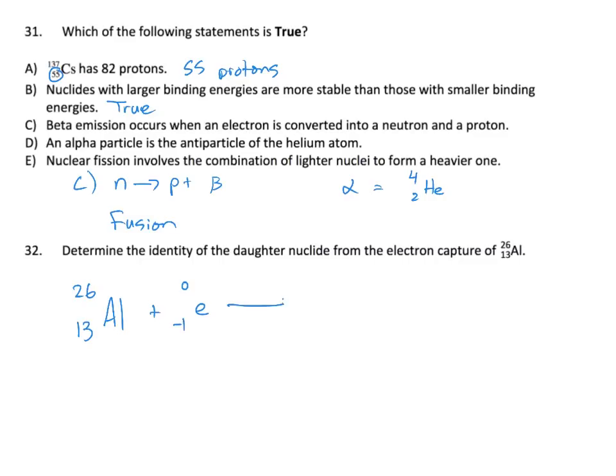And what we need to do is write something on the other side which balances both the top numbers and the bottom numbers. So the top numbers on the left, 26 and 0, add up to 26. And the bottom numbers, 13 and -1, add up to 12. Element number 12 on the periodic table, if you look that one up, is magnesium. And so that should be our answer for this question.